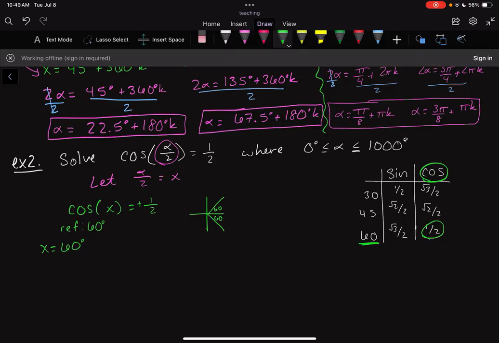Now here's the part that's a little different. You want to keep the plus 360k for now. So we're going to keep that on there, and you'll see why. And then my quadrant 4 answer would be 300 degrees plus 360k. Now, because that interval is in degrees, my answer is going to stay in degrees.